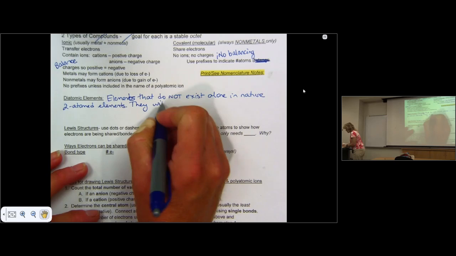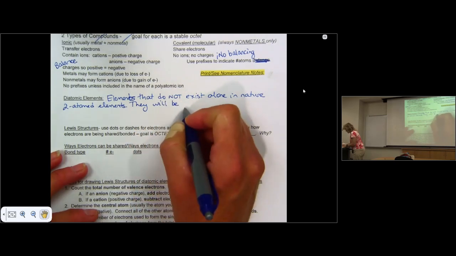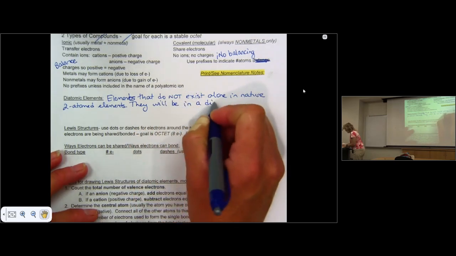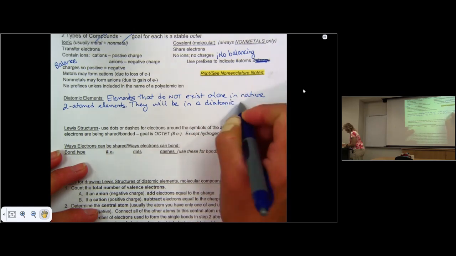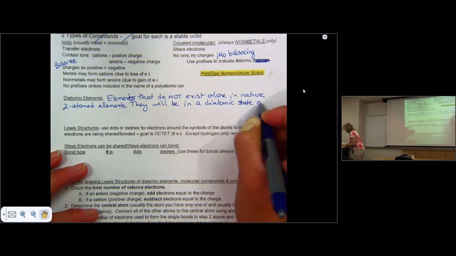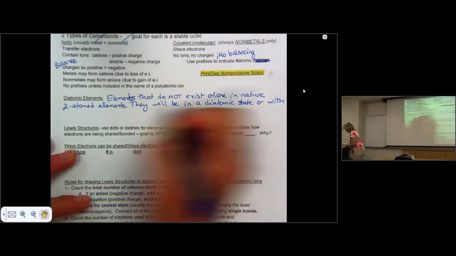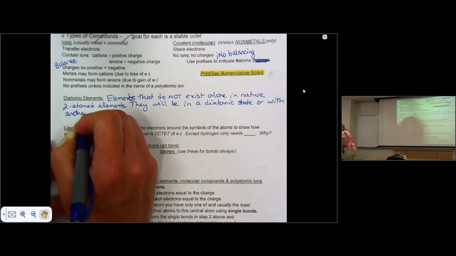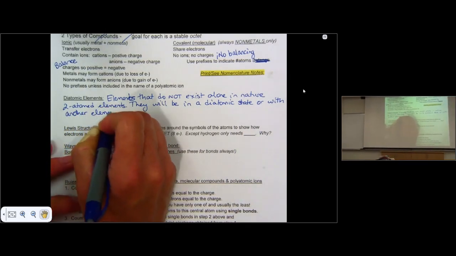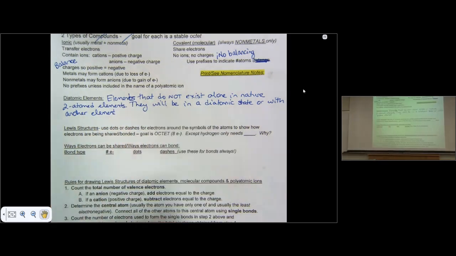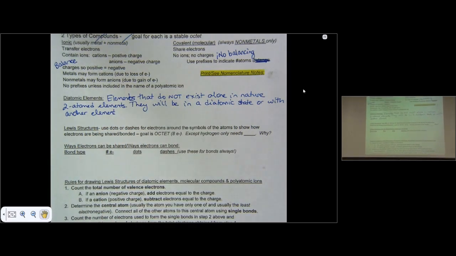They will be in a diatomic state or with another element.